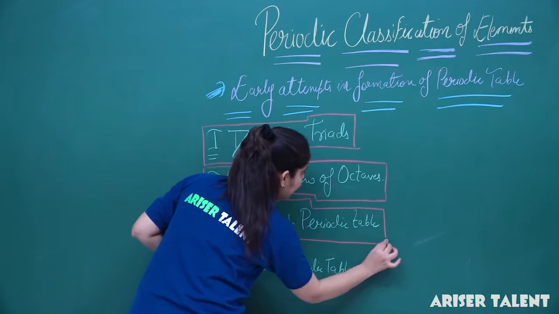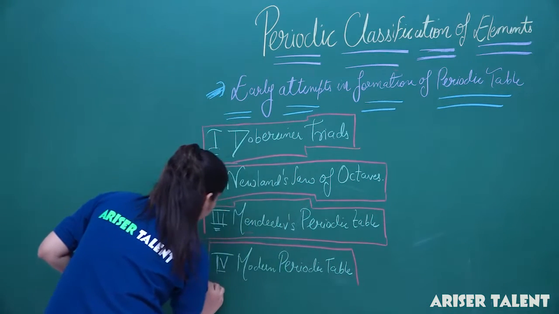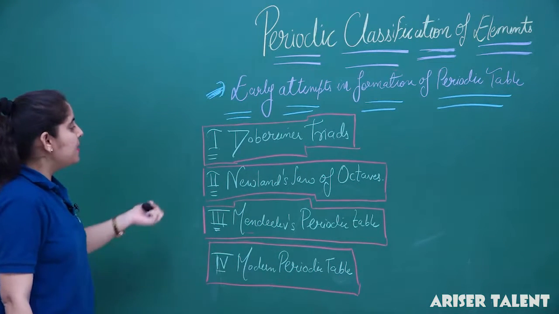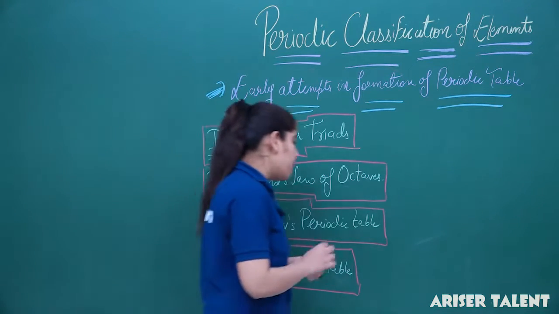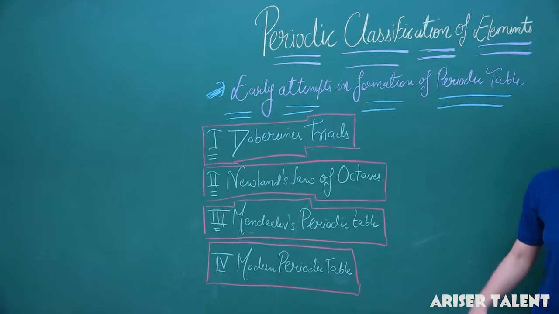And the fourth classification is the modern periodic table. These are the early attempts, and they are all very important from your exam point of view. So we will discuss these one by one.